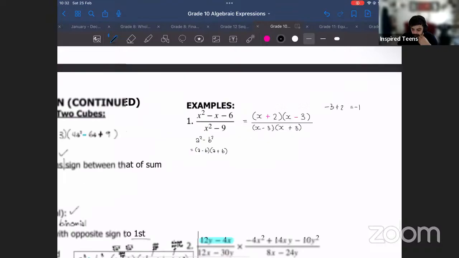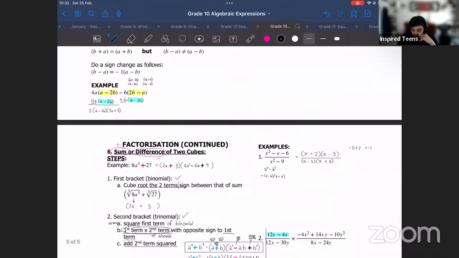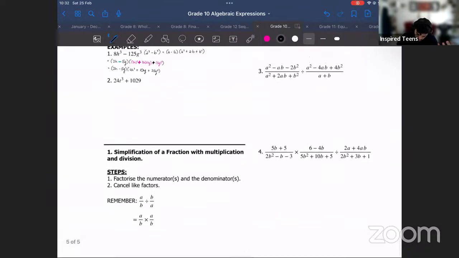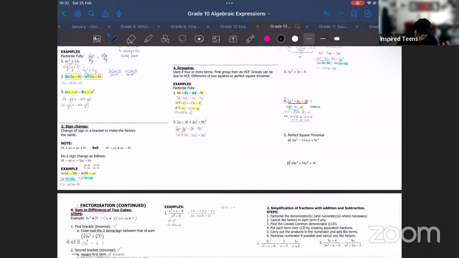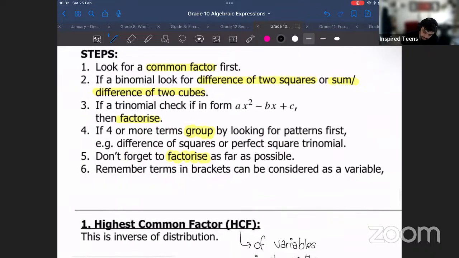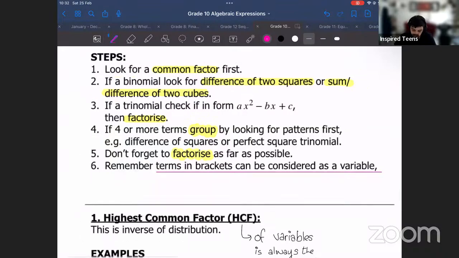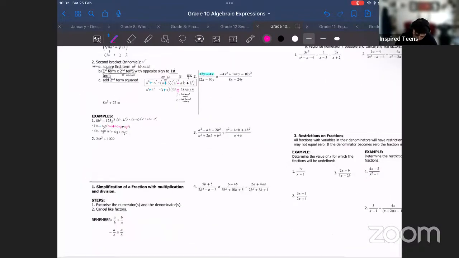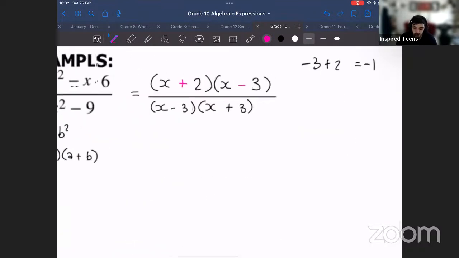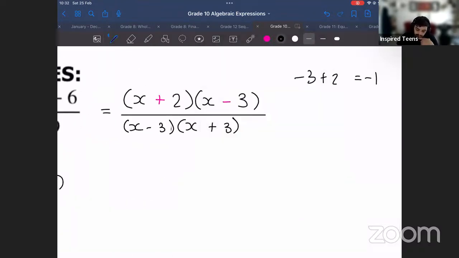And now, okay, remember this statement. Remember, the terms in a bracket can be considered a variable. Terms in a bracket can basically be considered almost like one term if you'd like. So remember, when it comes to canceling across numerator and denominator, oftentimes we cannot cancel with pluses and minuses.